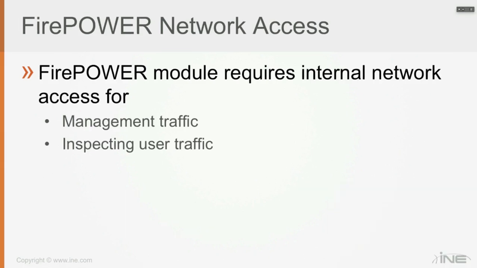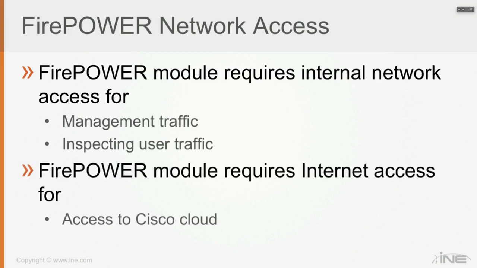So when we're going to deploy the Firepower service in the network, we have to understand we need internal network access for those two types of traffic. And also internet access, which is only required so that the Firepower module can have access to Cisco's cloud. So we have two different types of requirements: access to the internal network and access to the internet.